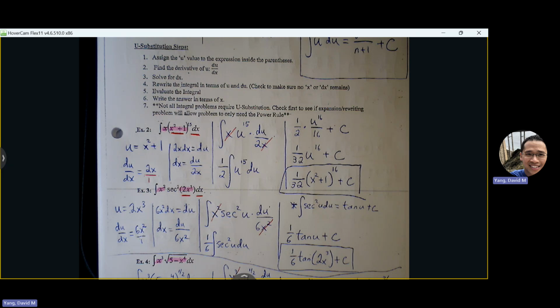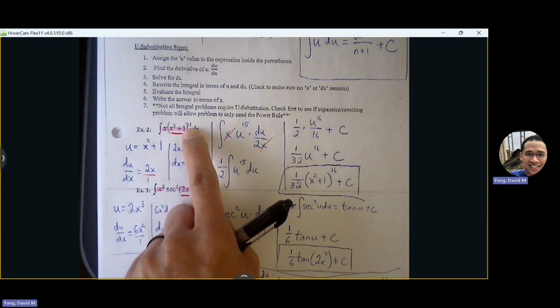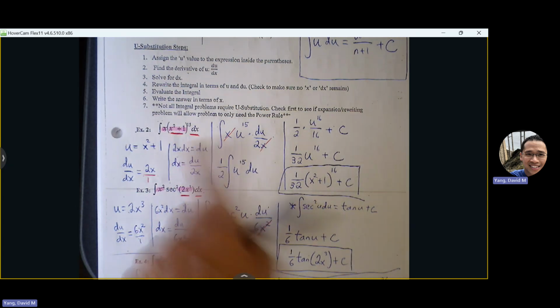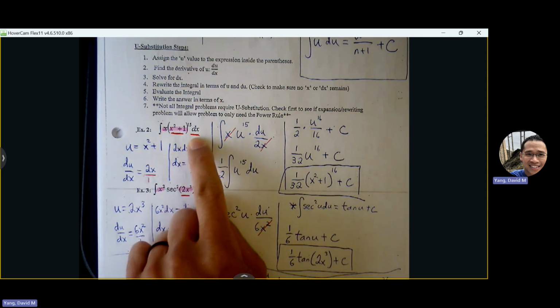But we should always ask ourselves, can we just rely on expansion? So for example 2, we could expand, but that 15th power means you've got to write your binomial out 15 times, and you're not going to be expected to do that. So a much more efficient way is to create an easier version using u substitution.